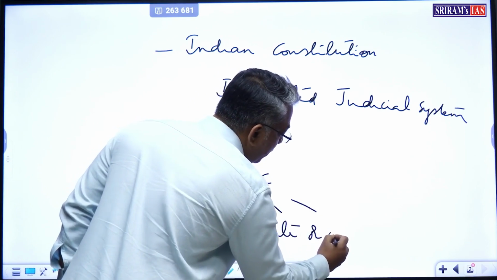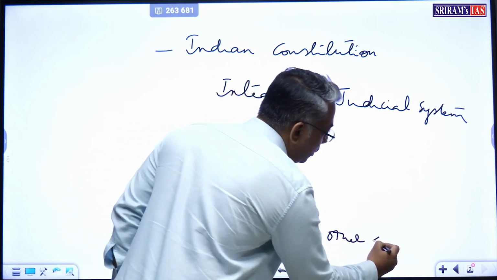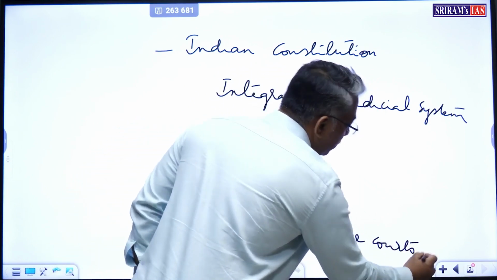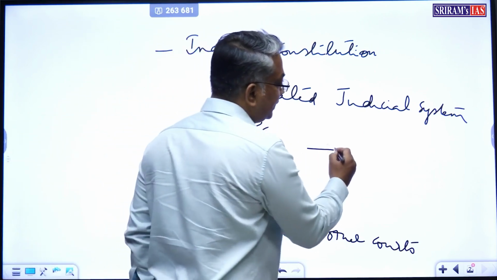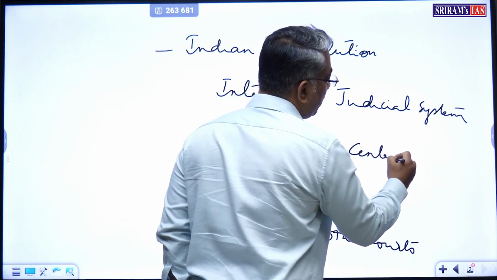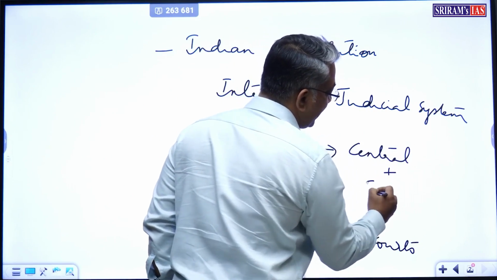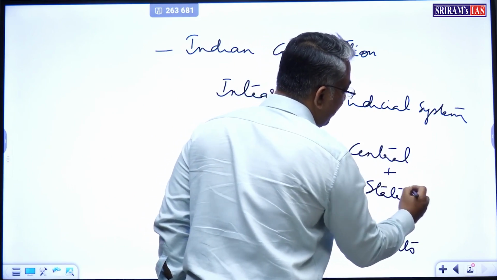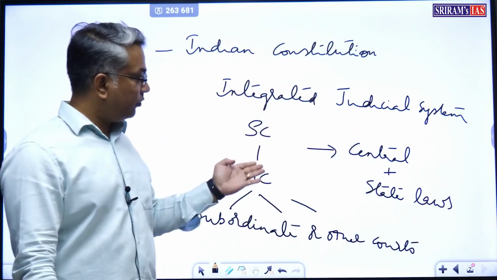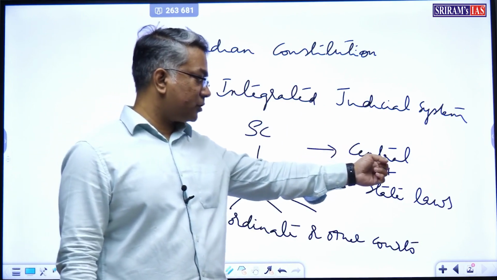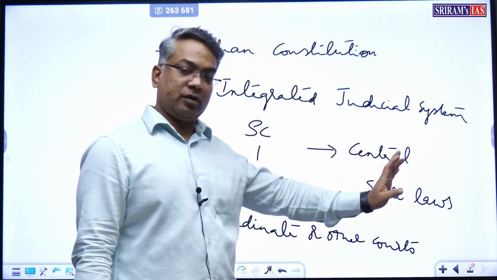These courts enforce both central as well as state laws. That is, you have a single set of courts, a unified integrated judiciary, which enforces both Center and state laws.